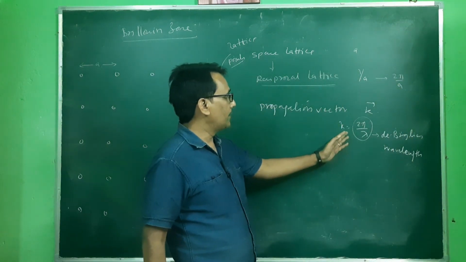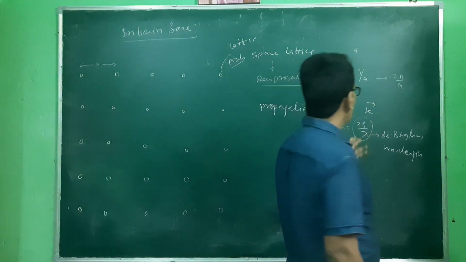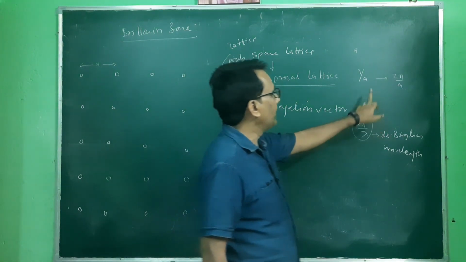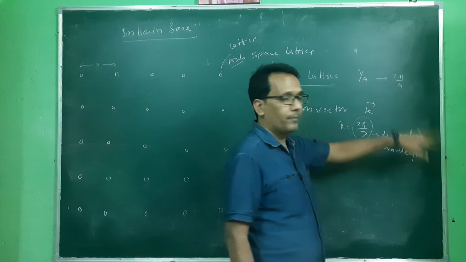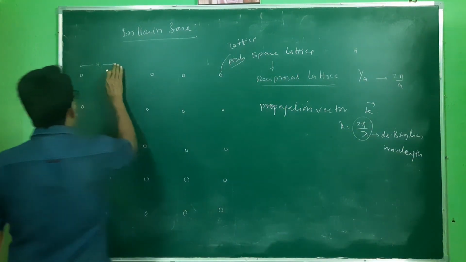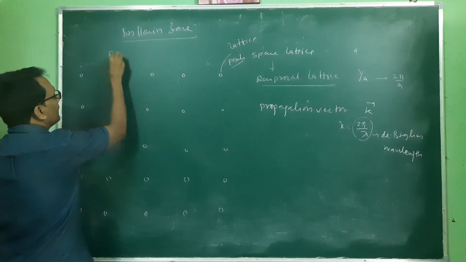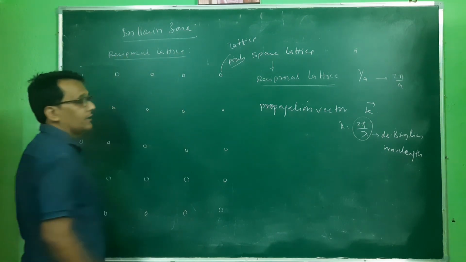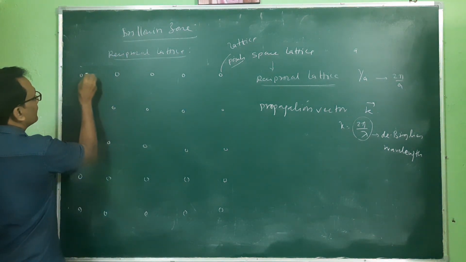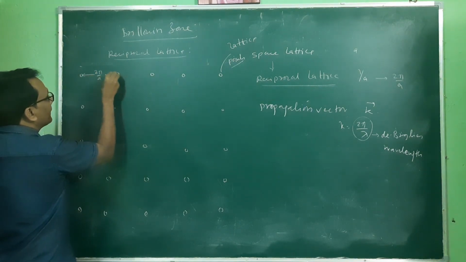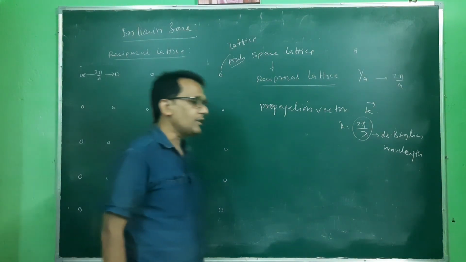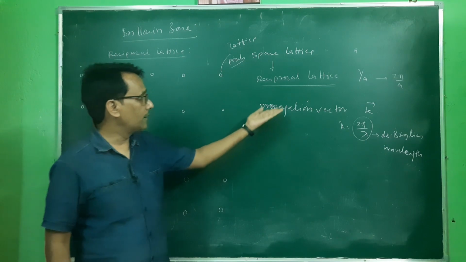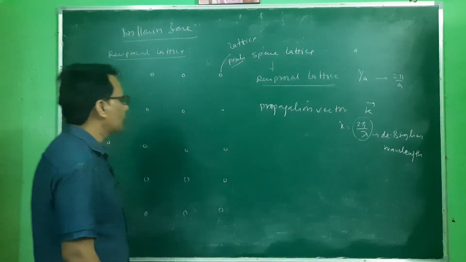Here the scale is 2 pi by lambda, so instead of 1 upon A, we take 2 pi times 1 upon A. So in the reciprocal lattice space, the difference between two atoms is now 2 pi by A. The reason is to compare the reciprocal lattice space with the propagation vector 2 pi by lambda.